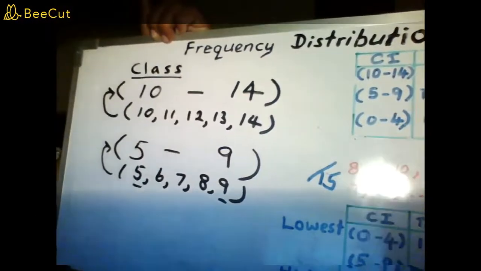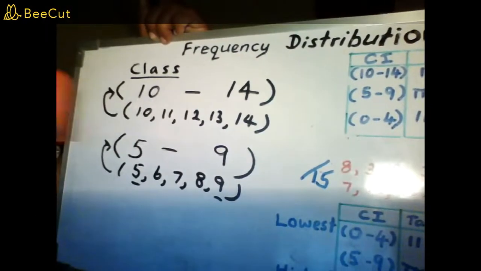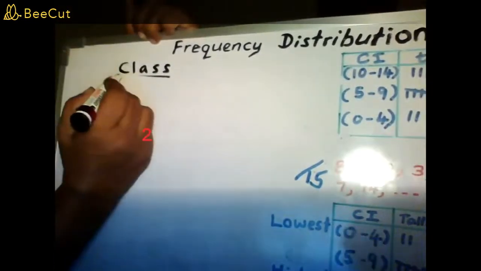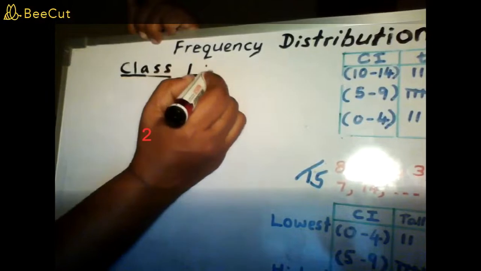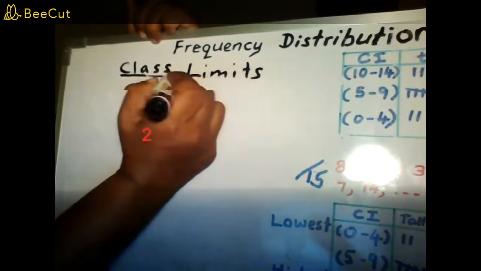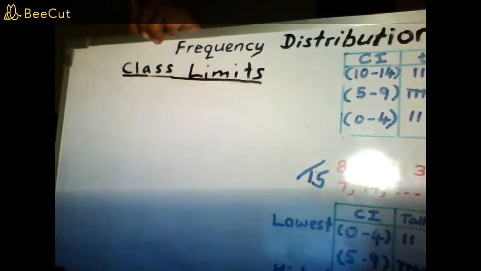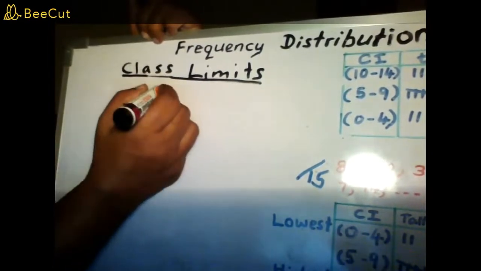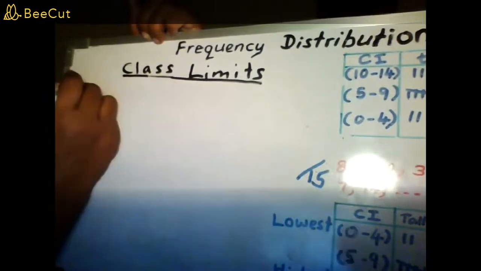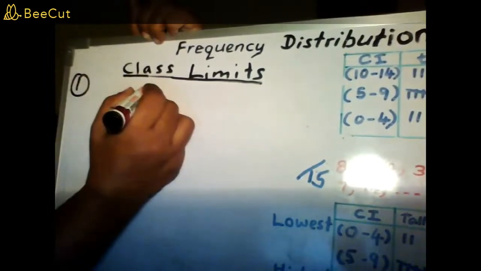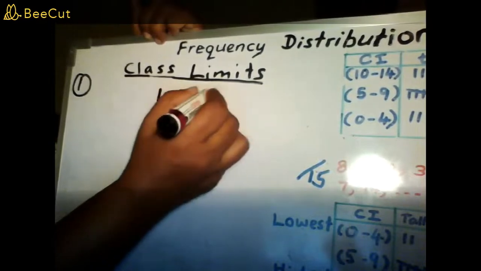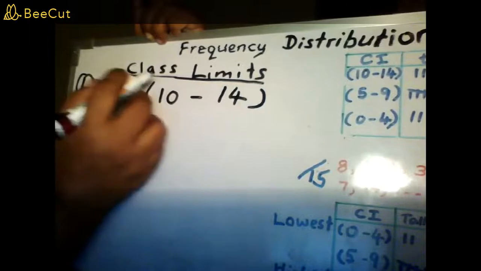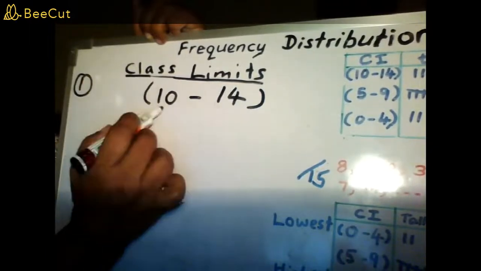Now the second one is class limits. We'll take the same example, 10 to 14. In this class there are 2 limits, boundaries.